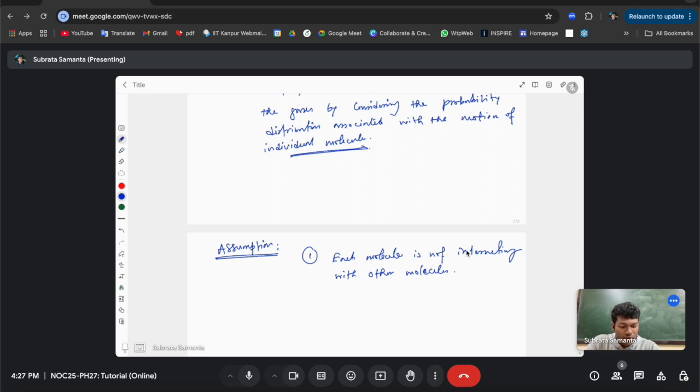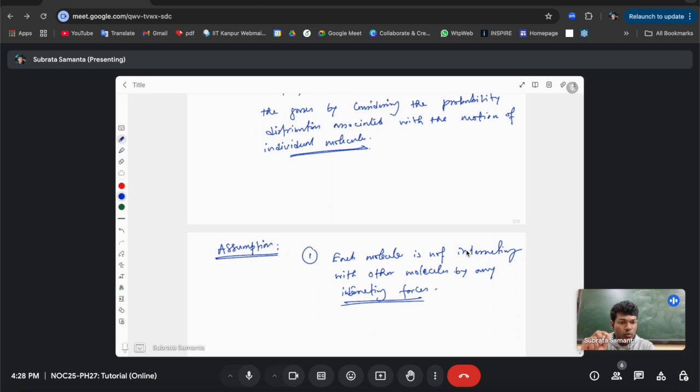The molecule is not interacting with other molecules by any forces, by any interacting forces. So there are no interactions between two molecules inside the gas chamber.